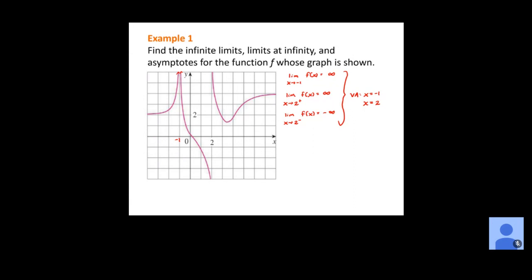All right, now let's look at our limits at infinity and negative infinity. So now we're actually taking the limit as x approaches infinity of our function. Okay, so as we approach positive infinity, are we approaching a specific value on our graph now?